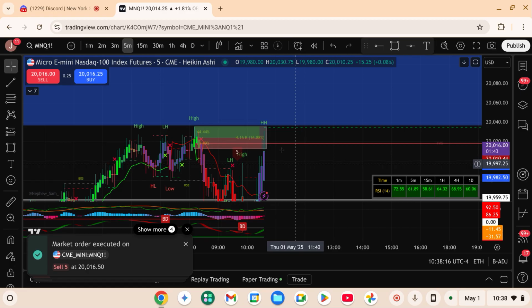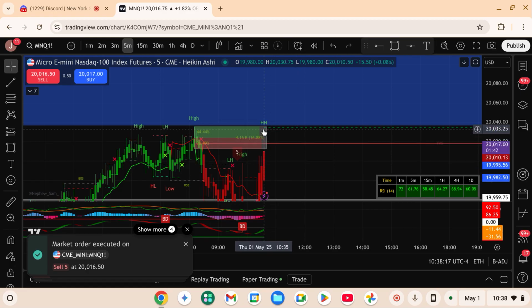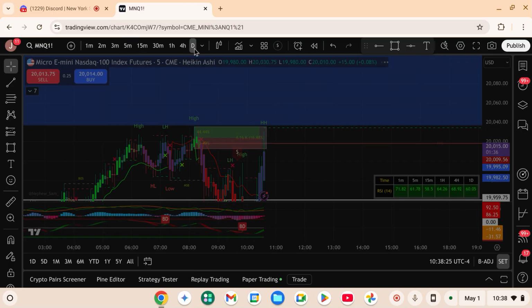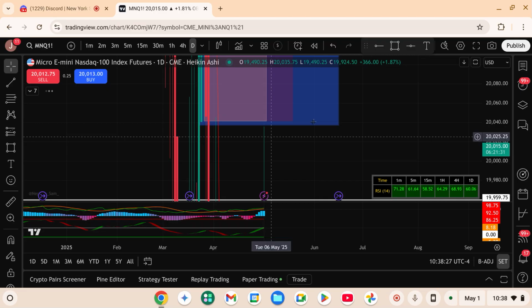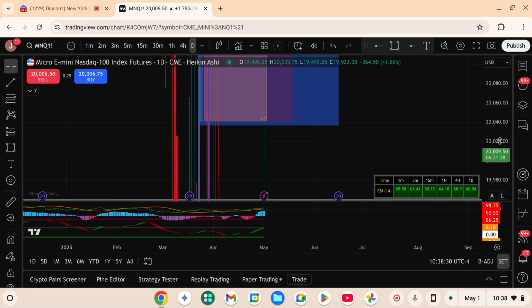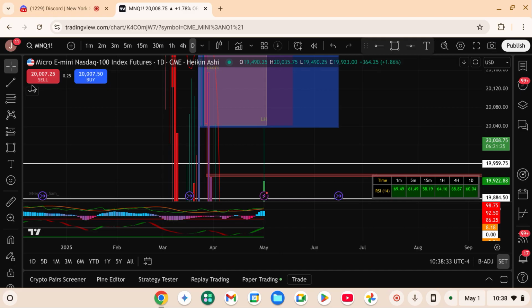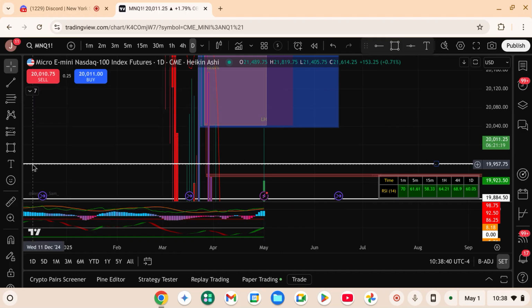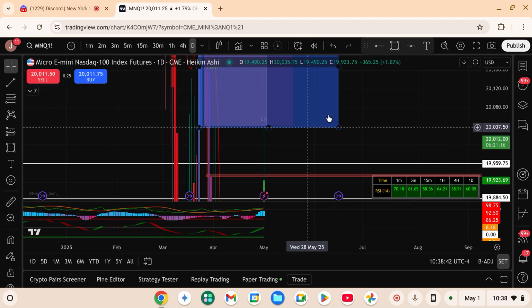If you break through this order block here, actually no, I forgot. If you go to the daily right here, you gotta be careful because you're coming into this daily order block right here.